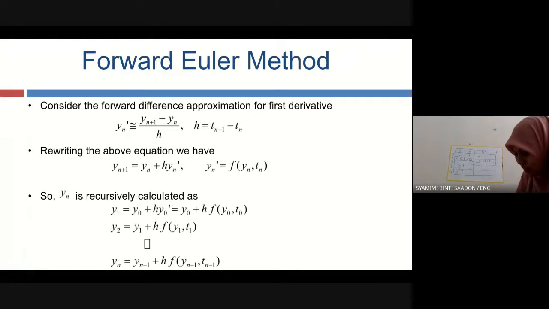At t2, 1 second, y2 is 0.26, y2 prime is negative 0.026.